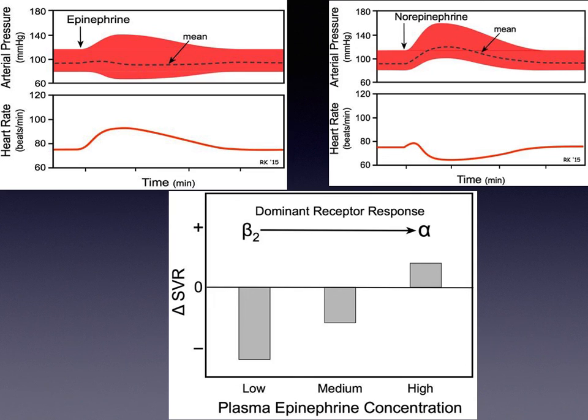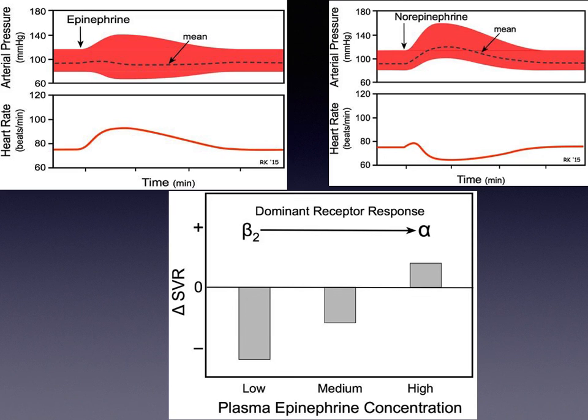But overall, cardiovascular wise, our response to low to moderate concentrations of epi, what it'll do is pretty much increase our cardiac output, and redistribute the cardiac output to the muscular and hepatic circulations. We might get a minuscule change in our mean arterial pressure, or MAP. But even though our cardiac output is increased, typically arterial pressure doesn't really change because the SVR drops down due to the activation of our vascular beta-2 adrenal receptors.